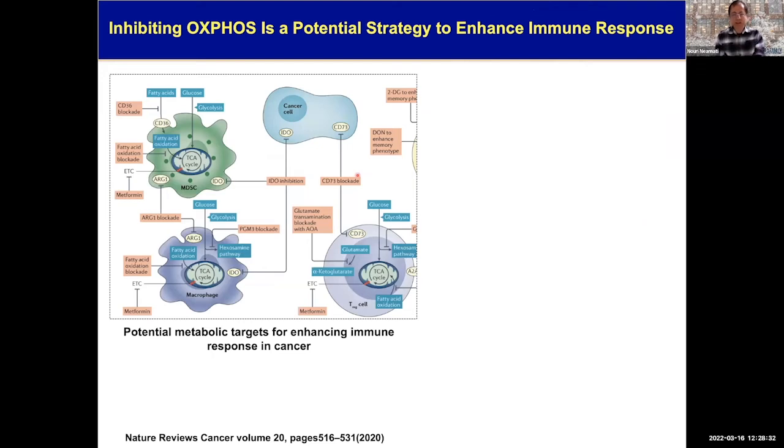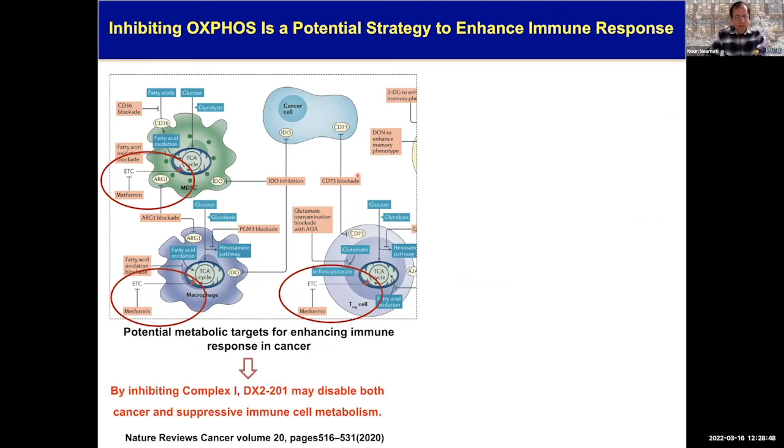In fact, it is already known that metformin, which is a complex 1 inhibitor, inhibits the electron transport chain in MDSCs as well as macrophages and T regulatory cells. So we would like to try our compound as well in a syngeneic model of pancreatic cancer cell lines.